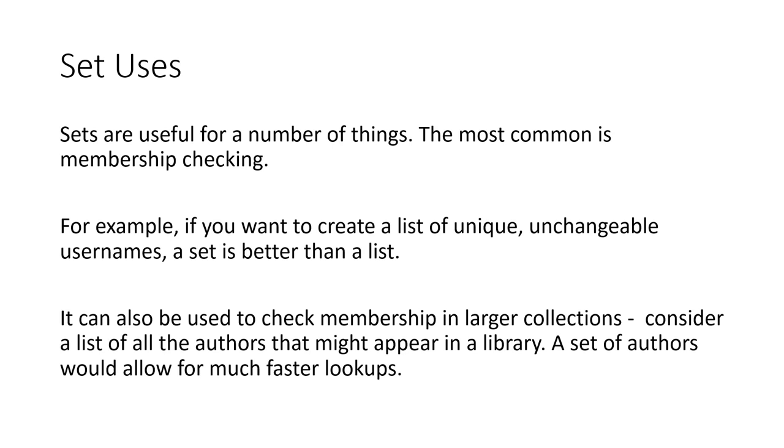Sets, because as I mentioned earlier, they're one of the more efficient data structures, can also be used to check for membership in larger collections. So consider a list of all the authors that might appear in a library. A library is potentially a very large collection of books, possibly hundreds of thousands of books, and many authors write more than one book.